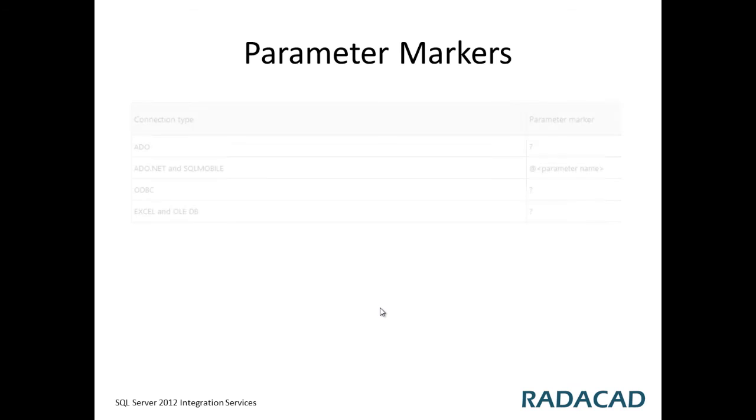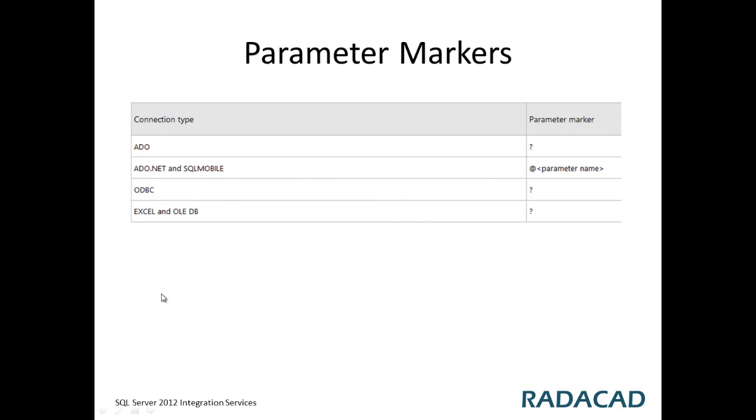So for parameter markers, as I said, different connection types have different parameters. We used OLEDB, and OLEDB uses a question mark as a parameter marker. If you use ODBC, Excel or ADO, you need to use the same parameter marker, but if you use ADO.NET or SQL Mobile, you need to use this signature, which is @ parameter name.